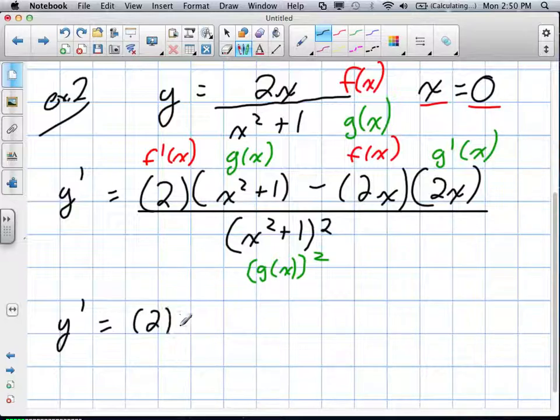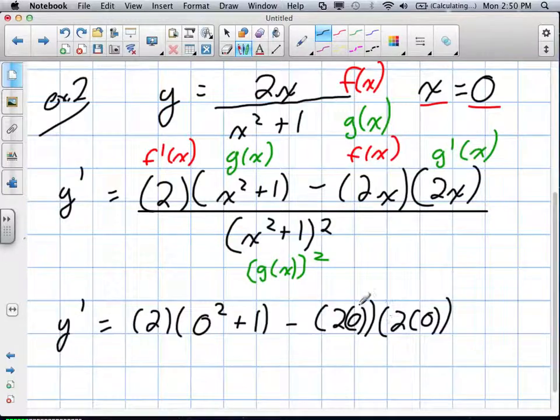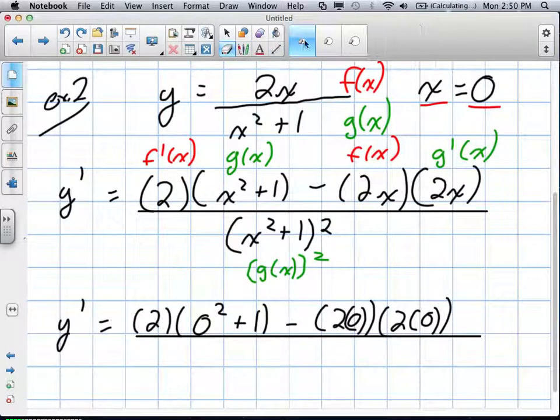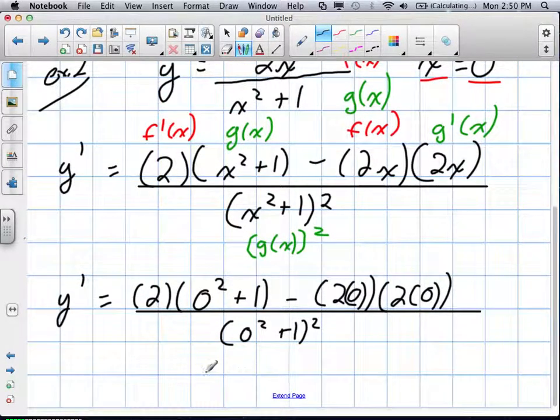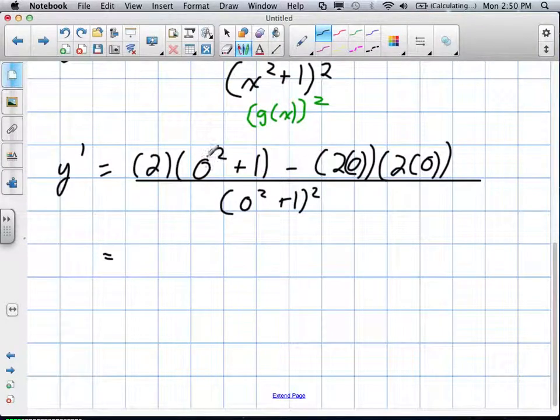So we're left with 2 multiplied by 0 squared plus 1, subtract 2 times 0, all divided by 0 squared plus 1, squared. So let's figure out what that's going to be. What's 0 squared? 0.